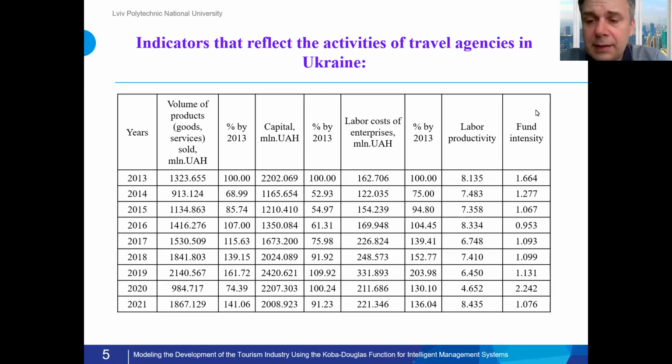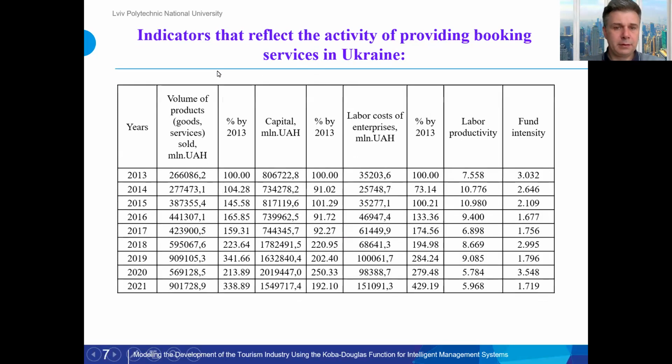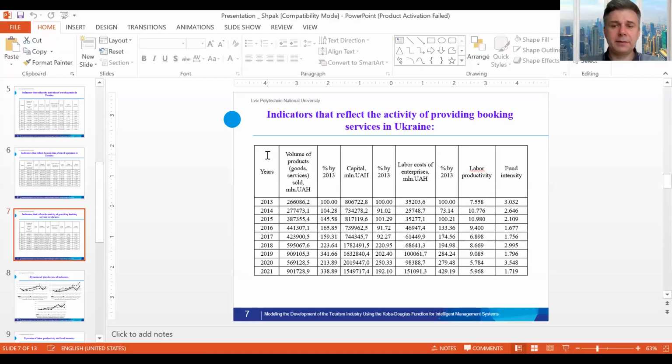The last indicator is the fund intensity, which is in the last column of this table. Here are the data which reflect the activity of providing booking services of Ukraine.